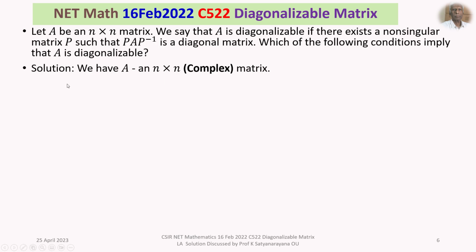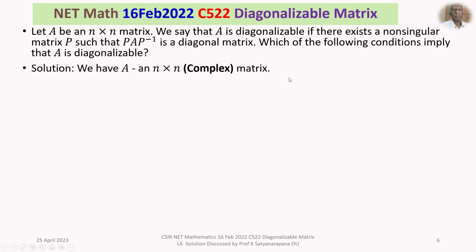We now discuss the solution of the problem in detail. We have capital A, an n by n complex matrix. In this question, the field over which it is based is not given.